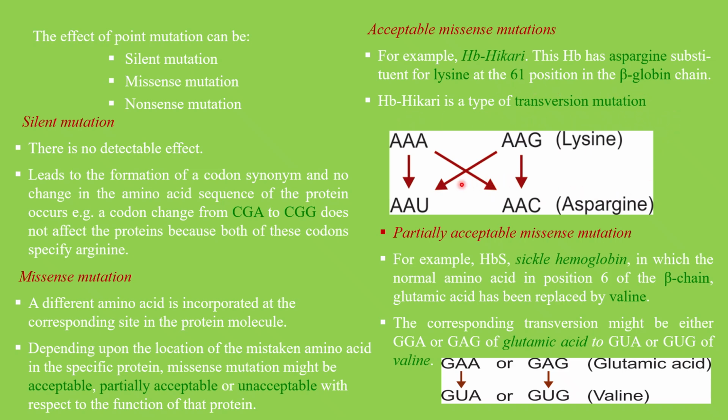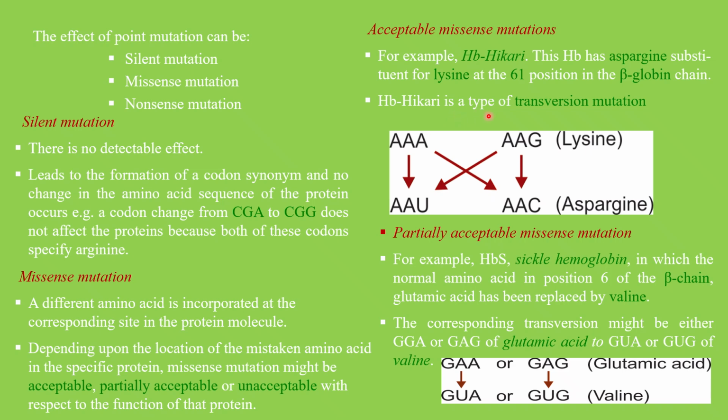So what is happening here? Initially it was AAA, it is changed to AAC. So it was responsible for lysine. Now it is changing to a genetic code which is responsible for attachment of asparagine. So this is a transversion type, and this is known as hemoglobin Hikari. Acceptable.